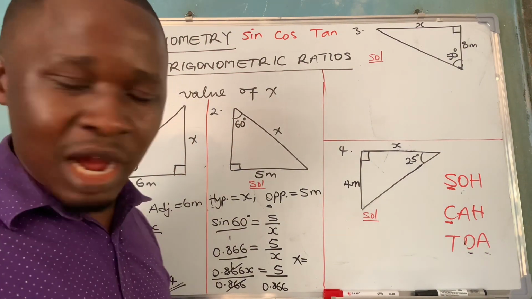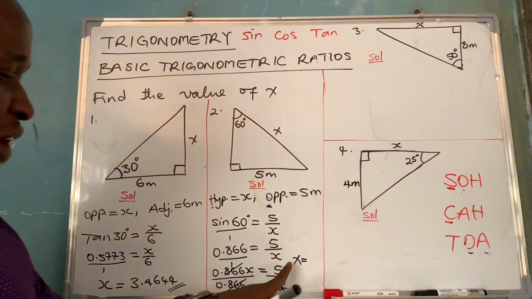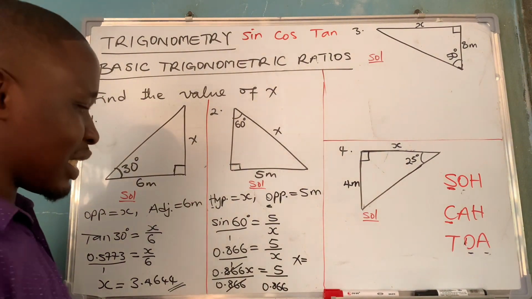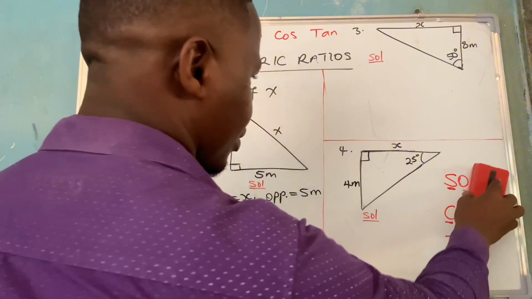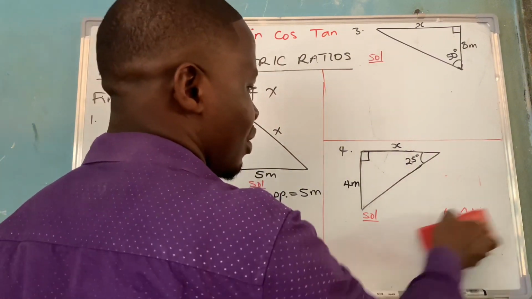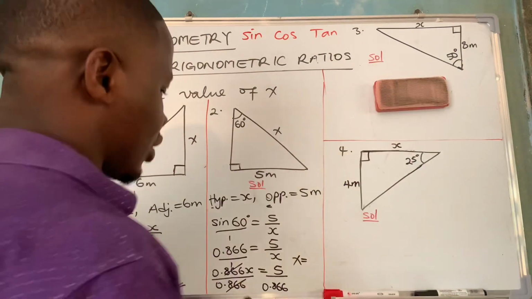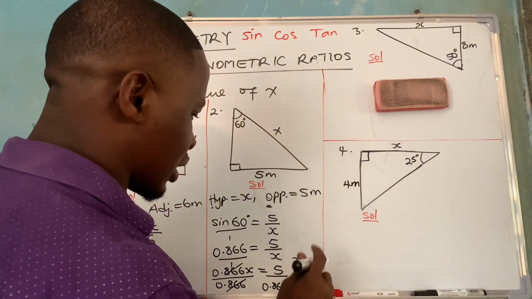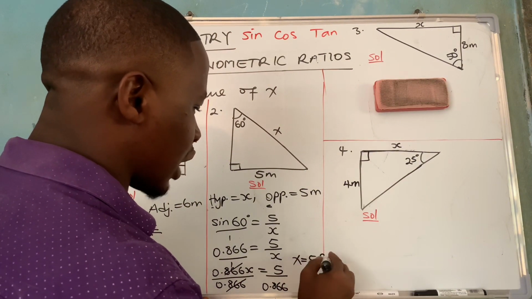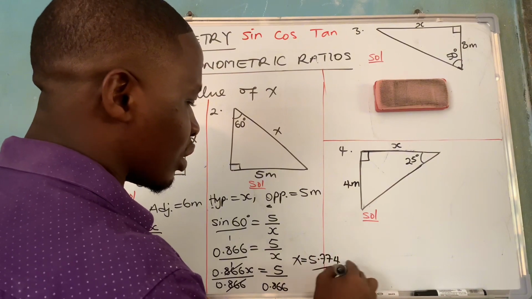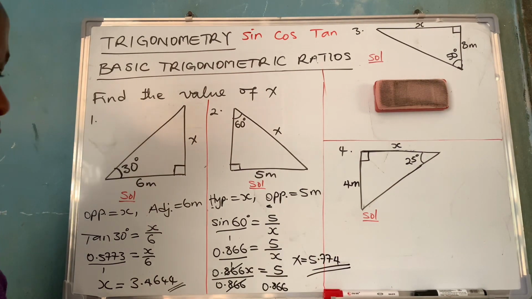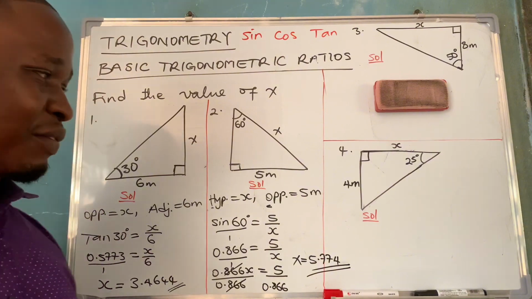So what do we do now? We say 5 divided by 0.866. What do we get? 5.774. So the value of x here is 5.774.